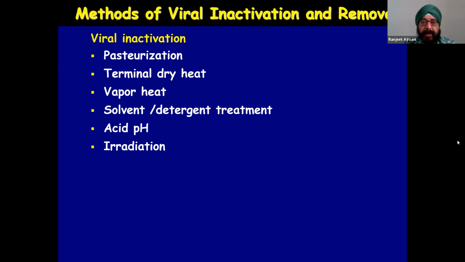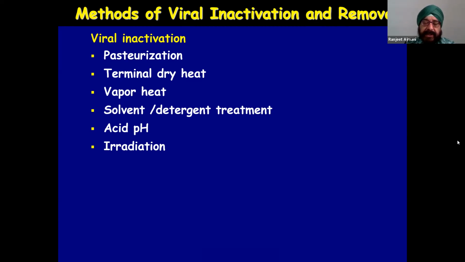So one method could be pasteurization, which is called wet heat. And then there's a terminal dry heat. Heat the product, maybe at 70 degrees, maybe at 80 degrees, maybe 100 degrees for half an hour, let's say for factor 8. So depending on your cocktail, you design a method in which you are able to kill the virus or the DNA of the virus so that it is no more infective. Vapor heat is another method.